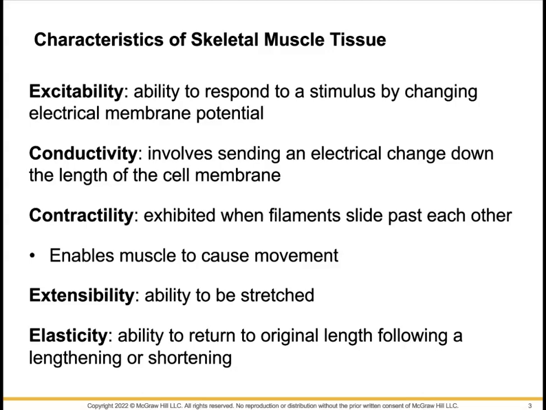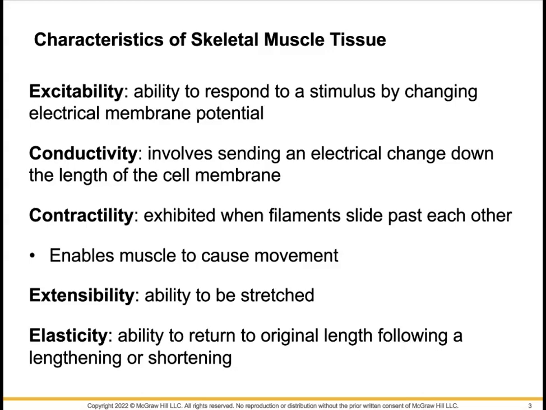You've got the potential for a cell to do a job by changing the difference in the electrical charge across that cell membrane. Now, once that happens, that electrical charge needs to be sent down the length of the entire cell membrane. So we call that propagating an action potential.